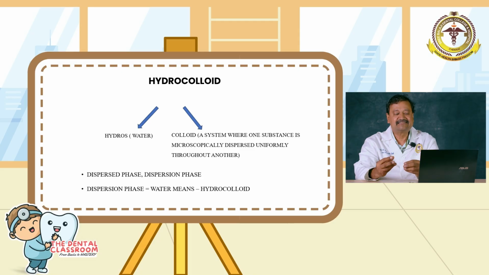The particles which are completely mixed in the system is called dispersed phase, and that particular medium which contains these particles fully embedded or mixed, that is called dispersion phase. So, the dispersion phase, when it is water, we call it hydrocolloid.